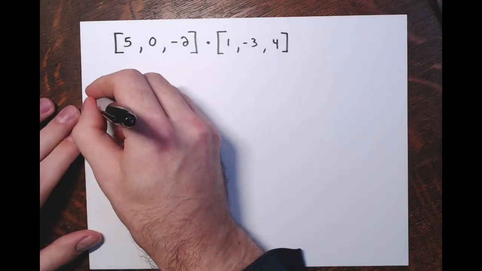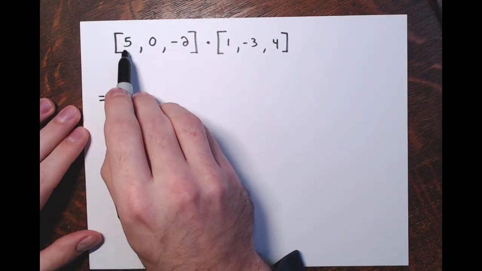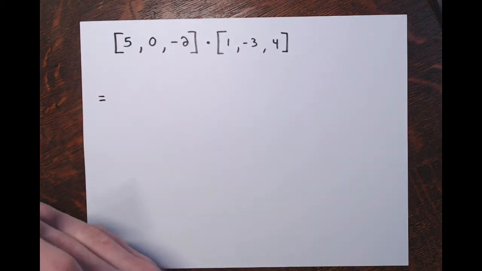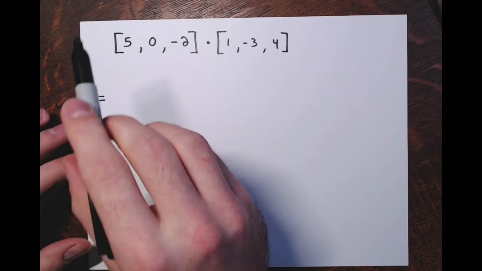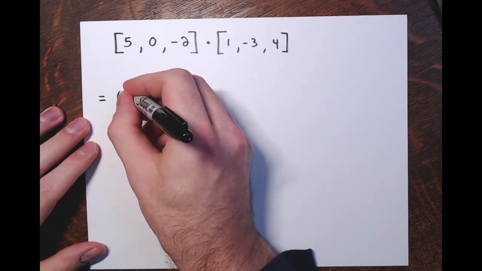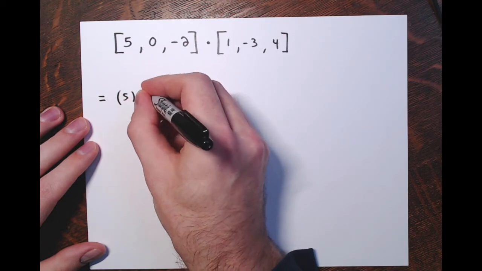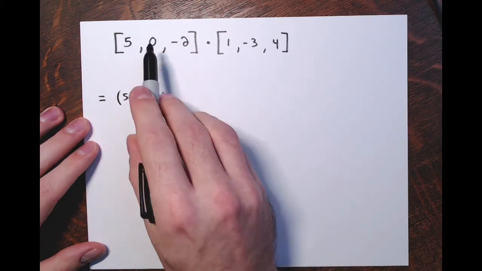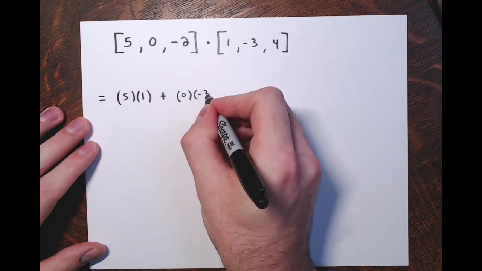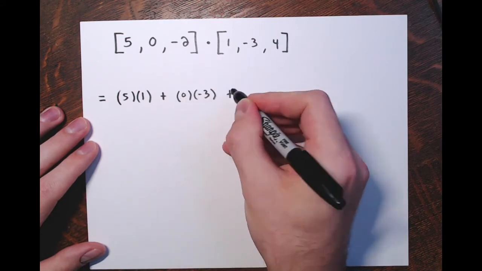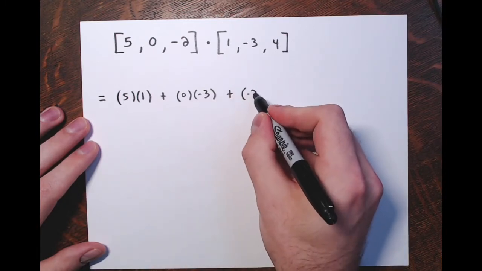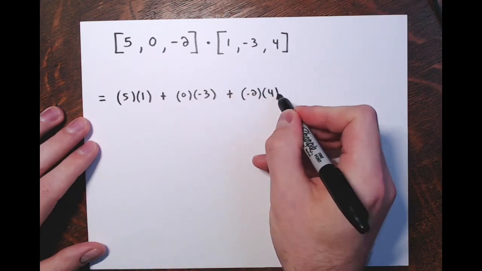So again, very simple arithmetic I feel. You're just taking the sum of the products of the corresponding components. So the product of the first components, 5 times 1, plus the product of the second components, 0 times negative 3, plus the product of the third components, negative 2 times positive 4.